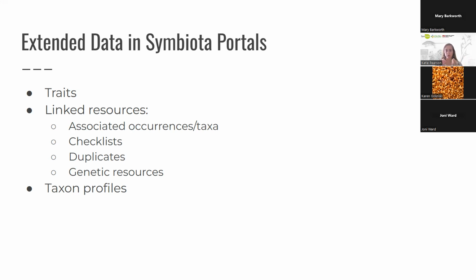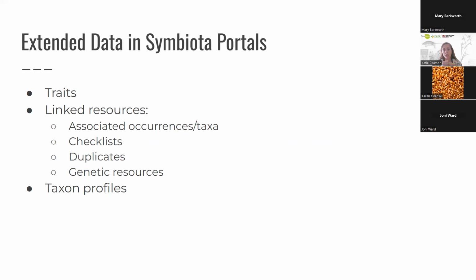And so then you can create an association between those two specimens that says, okay, this flea has the host of this particular mammal. And then that mammal is the host of this particular flea. So there's a relationship there. You can also link any specimen to a checklist, to a data set, which isn't listed here. You can link specimens to duplicates.